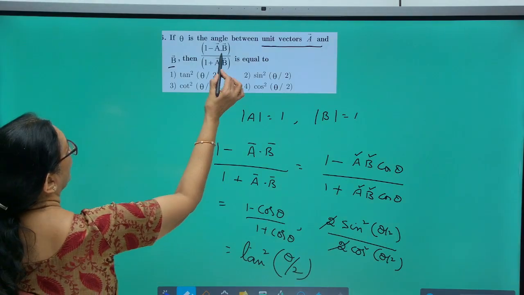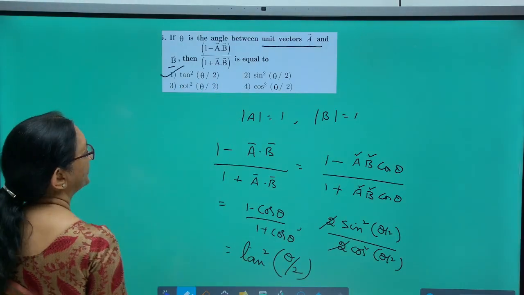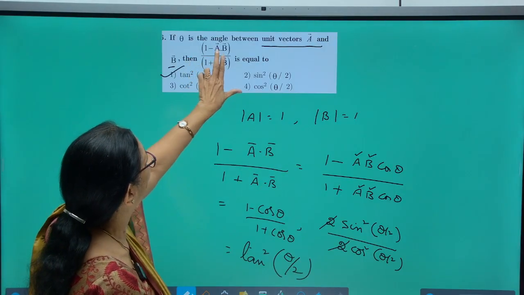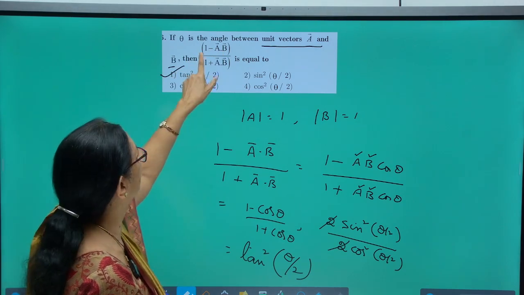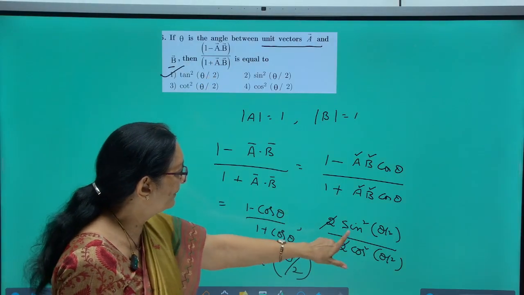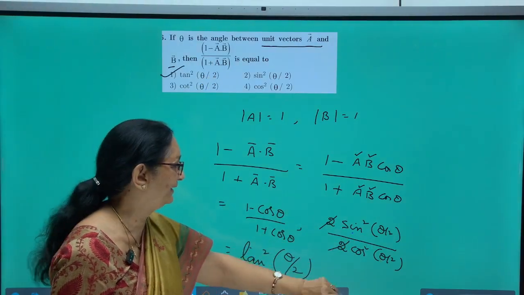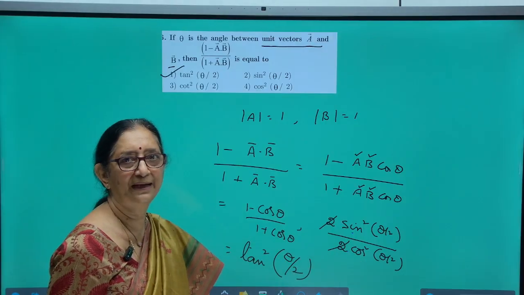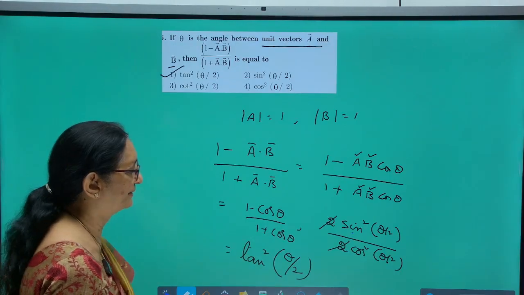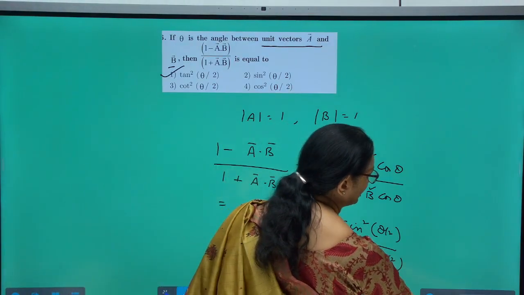Okay. So, the first option is the right answer. Just if you look at it, as A, B are unit vectors, this becomes 1 minus cos theta by 1 plus cos theta. 1 minus cos theta is 2 sin square theta by 2 by 2 cos square theta by 2. Sin square by cos square is tan square theta by 2, which is the answer.